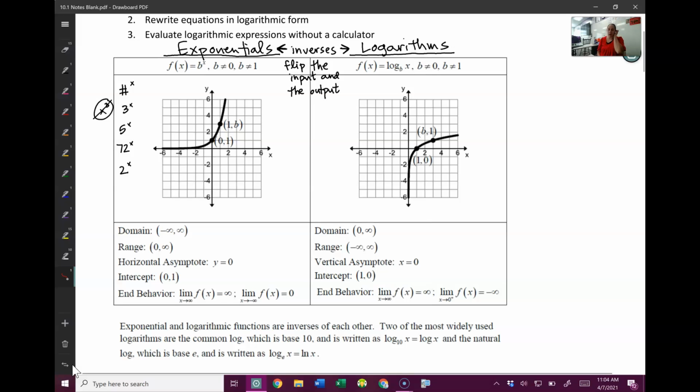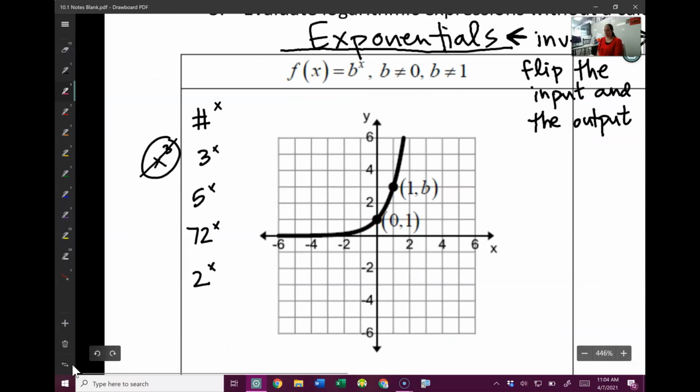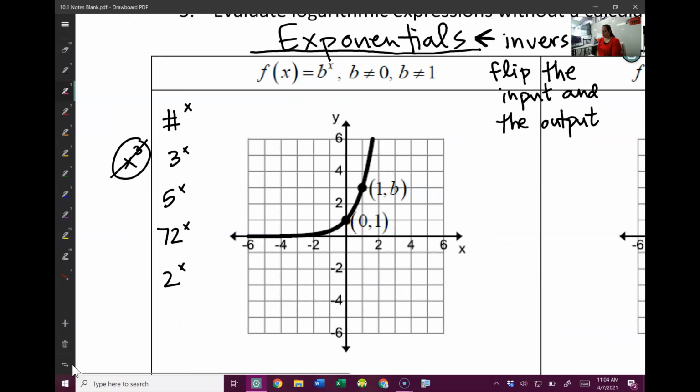Now when we talk about logarithms, the first key word that you need to know is base. And this word actually comes from exponentials. So if I look at this exponential right here, that 3 is called the base of the exponent. So that 5, that is the base of the exponent.